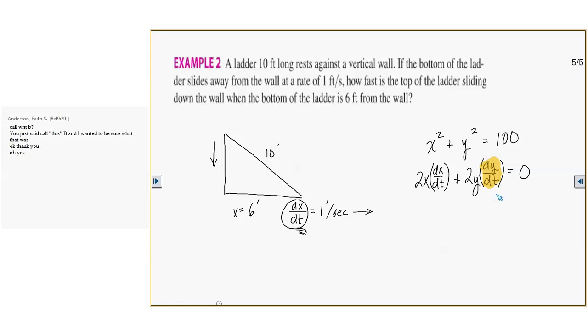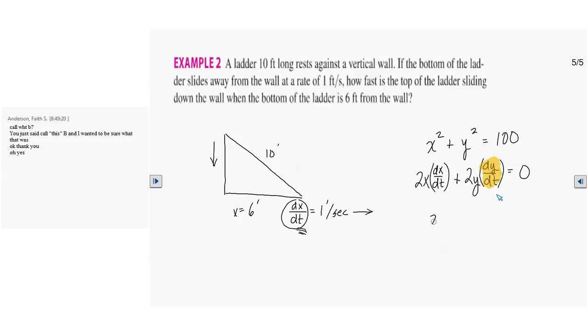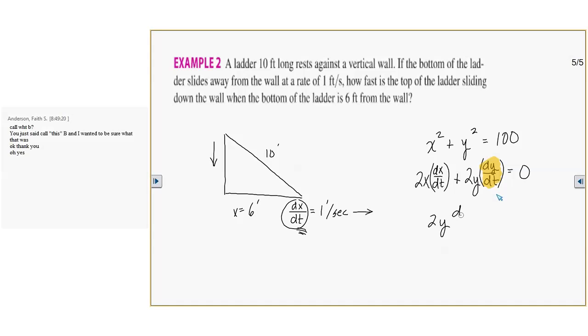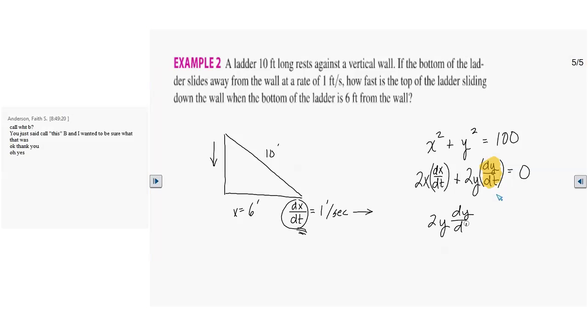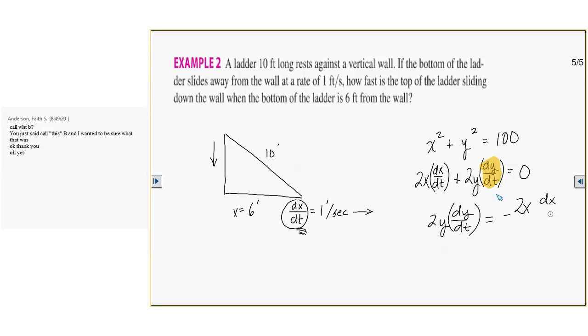All right, so I'm going to solve for dy/dt. I'm going to bring this negative 2x dx/dt over. So that'll be 2y dy/dt is equal to negative 2x dx/dt.